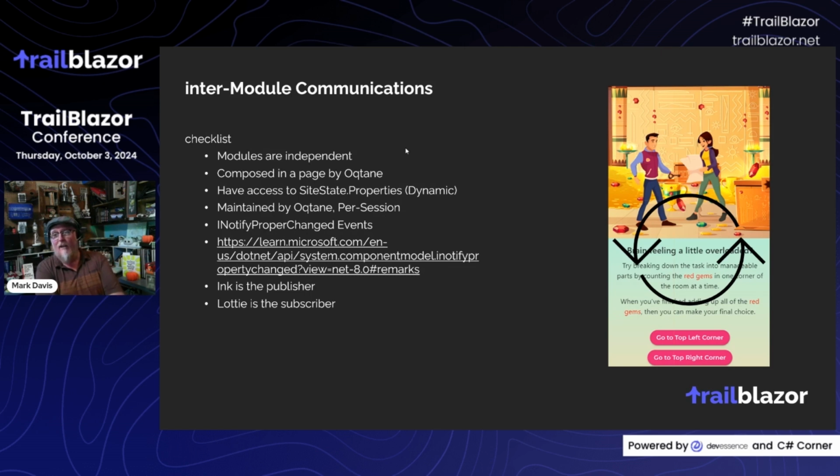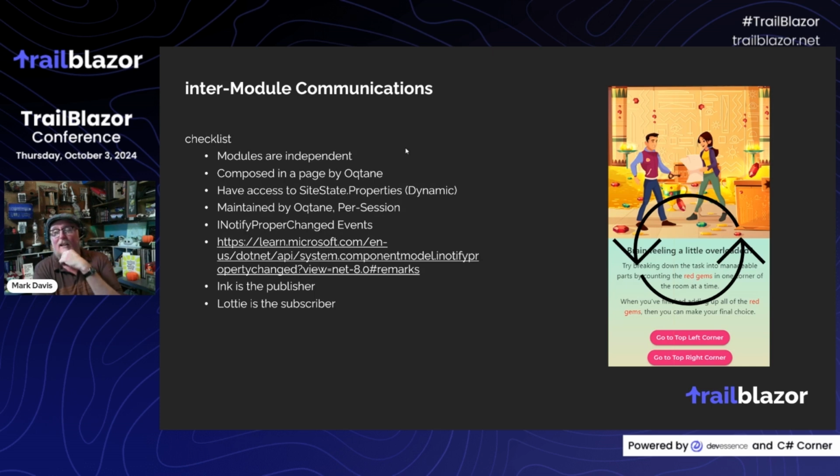Anytime you've got an object, if you want to be notified by an event being fired that a property of that object has changed, if that object implements INotifyPropertyChanged, and a ton of them do, this is the very basic part of the .NET framework, then you can hook into an event, and it's going to tell you every time that happens.